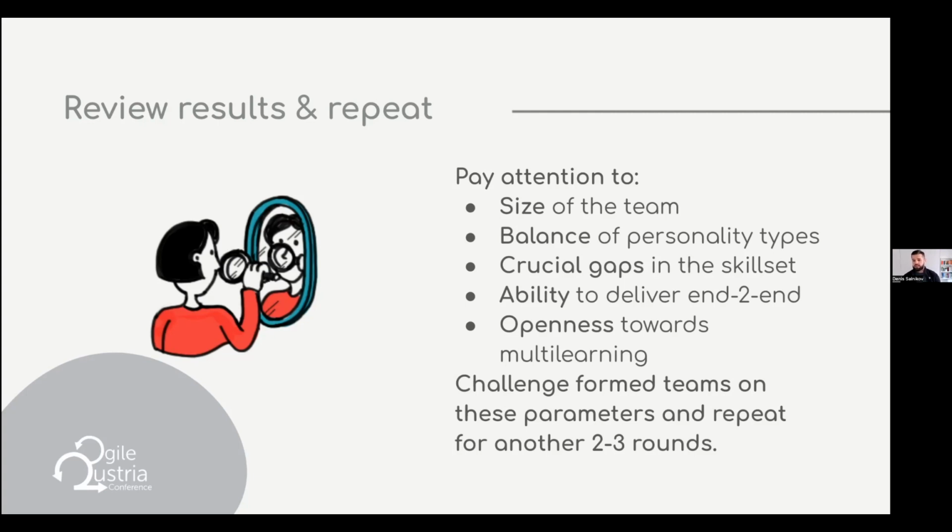Crucial gaps in the skill set, obviously, because we want teams to be able to deliver value end-to-end. This means that both from the skill set perspective and from the domain expertise perspective, they need to have some minimum viable set of expertise. And openness towards multi-learning. This is a very important topic if we are optimizing the organization for agility or for adaptiveness.